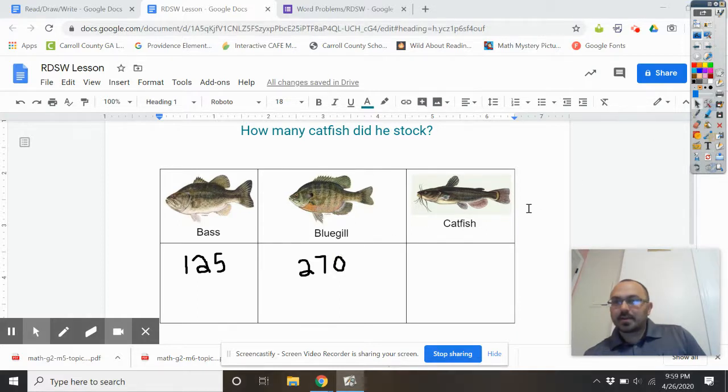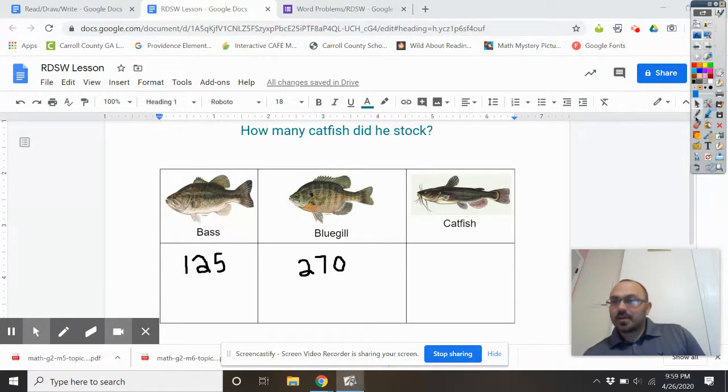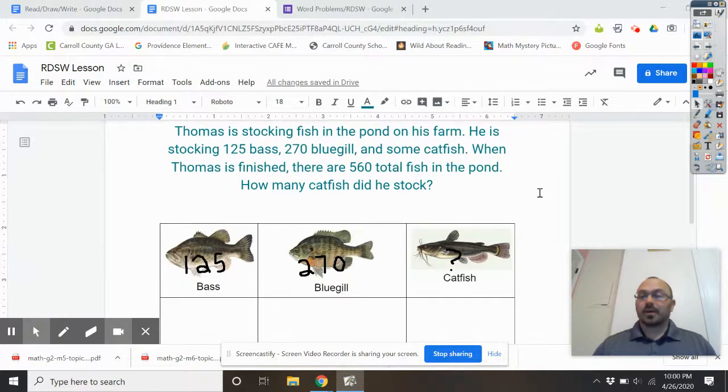Now go back up and look at catfish. How many catfish do we have? We don't know because it says and some catfish. So in the blank for catfish, I'm going to put a question mark. So that's what we are solving. So think to yourself right now, what am I having to solve? Well, we're having to solve for the number of catfish because it doesn't tell us.